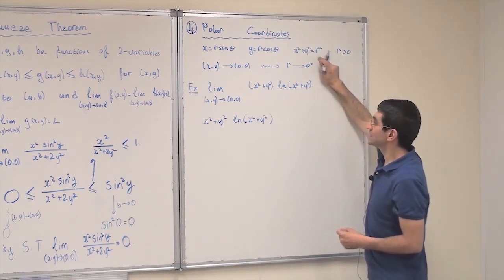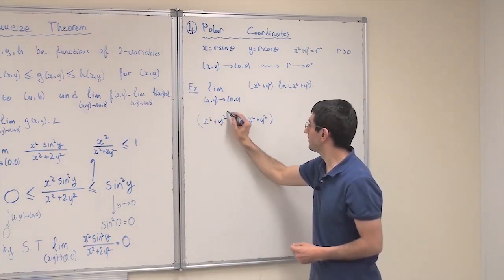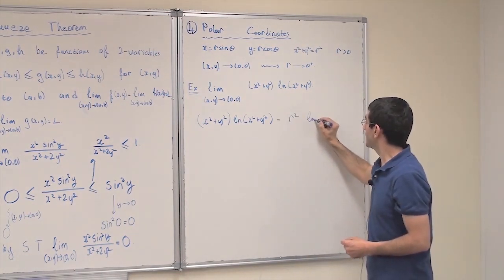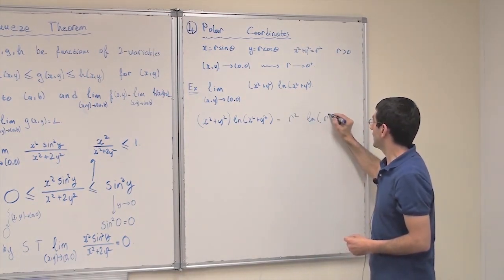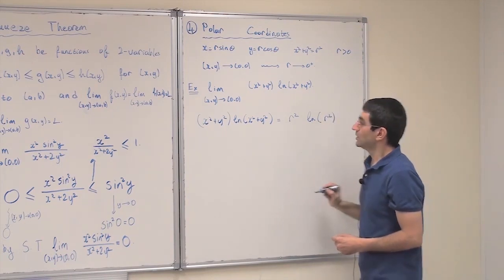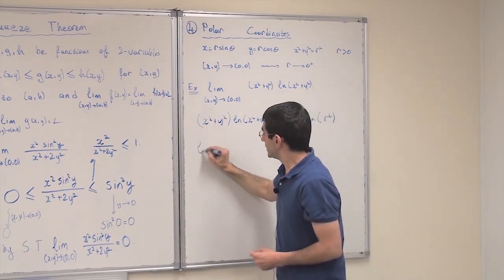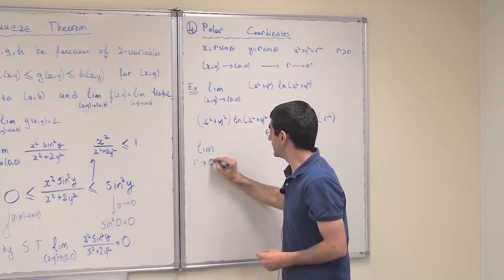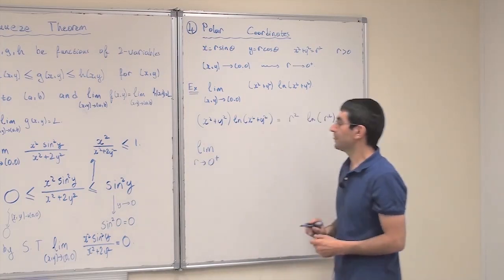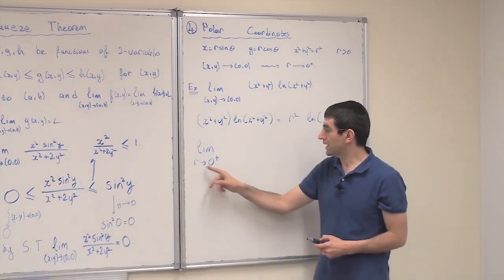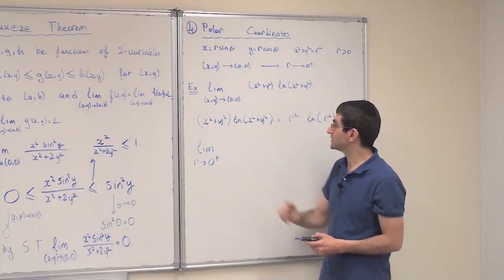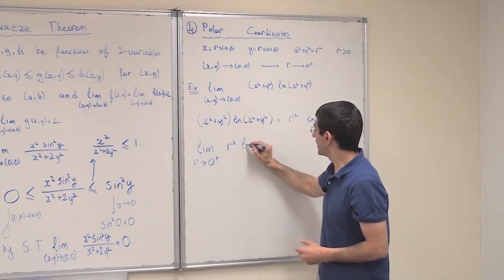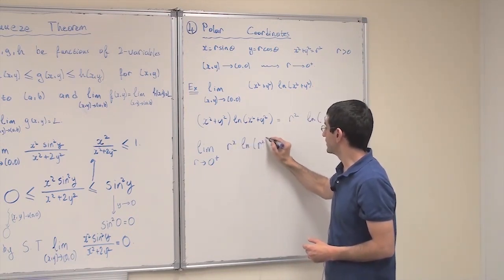Using this identity, it will be r squared ln of r squared. So, the limit given in the question is going to be the limit as r approaches 0 from the positive side of the function r squared ln of r squared.